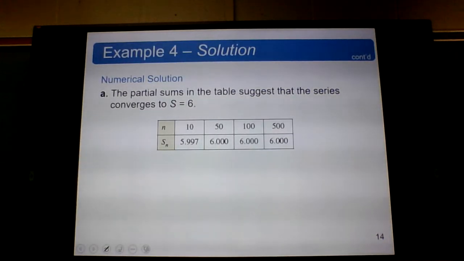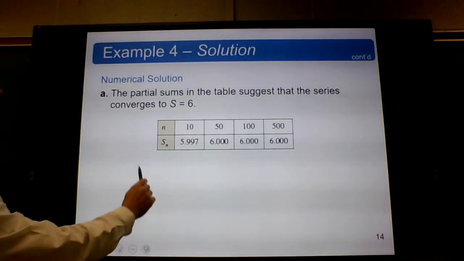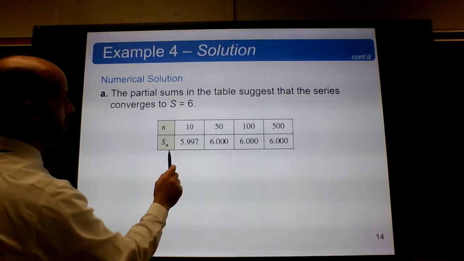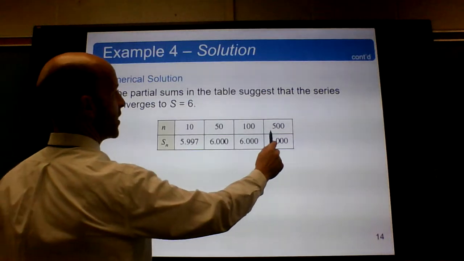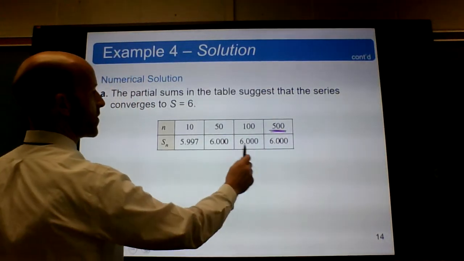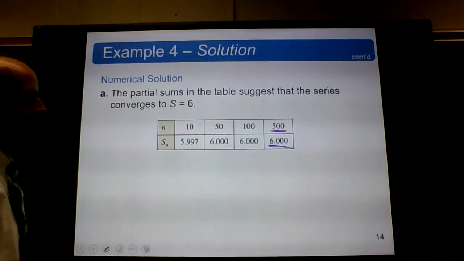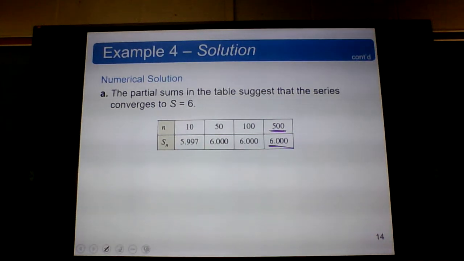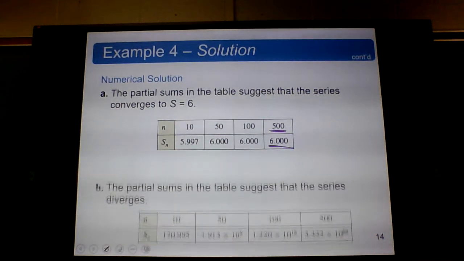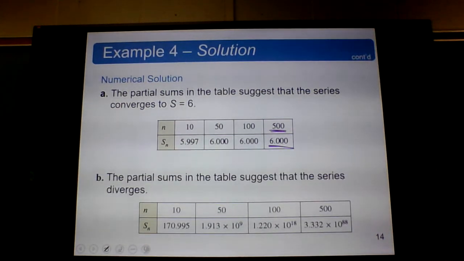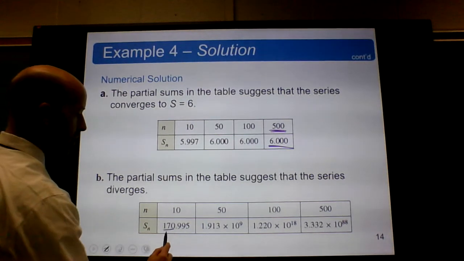Here are some, this is from our last example. So here's some of the first terms. And you can see that if we did an approximation with our calculator, even at n equals 500, we're already pretty much to our sum of 6. And then our second one, with 10 terms, we're at 170.